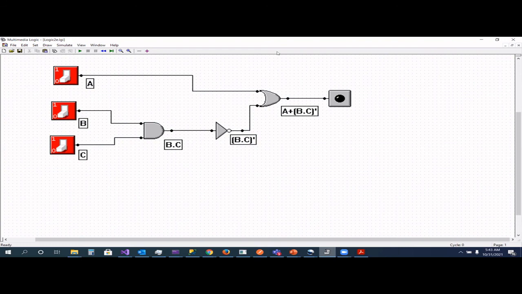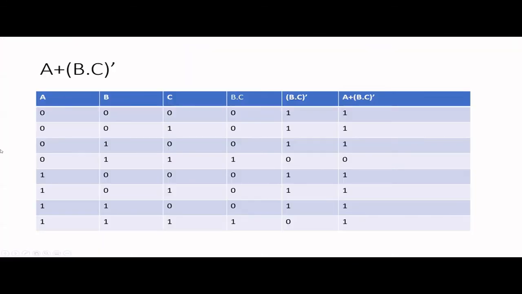Okay, we'll see the truth table. So here we have A, B, C, 3 inputs, right? 8 states. B and C, I did it, right? And then take the negation of it. 0 becomes 1, 0 becomes 1, 0 becomes 1, 1 becomes 0, the negation happens.